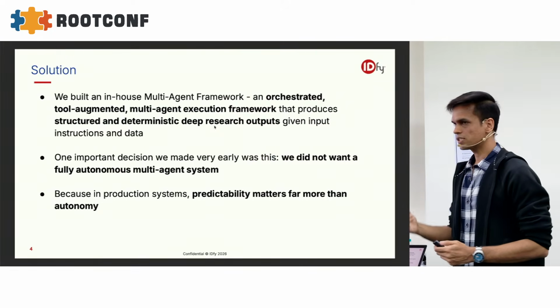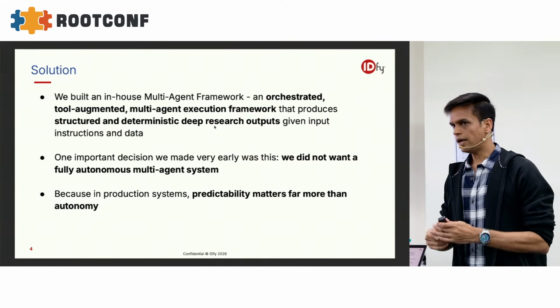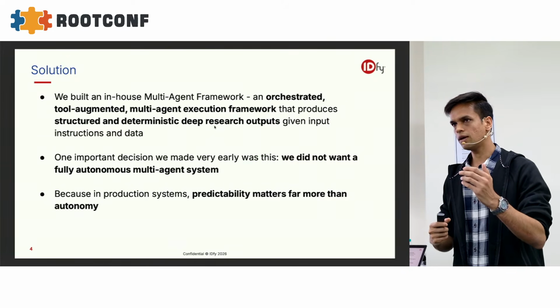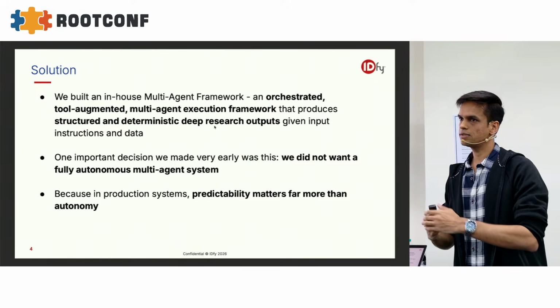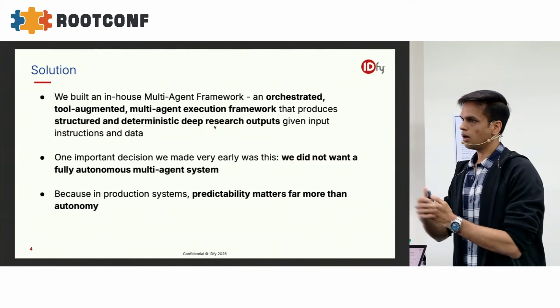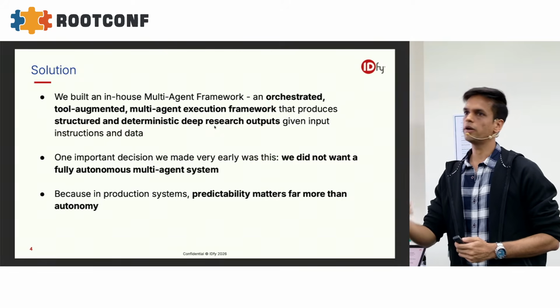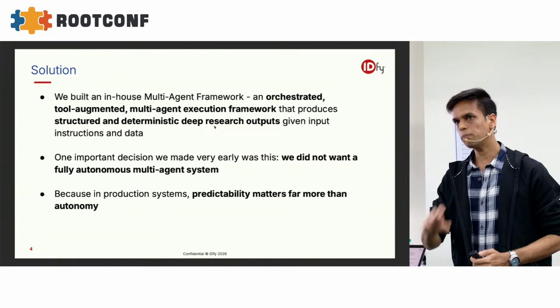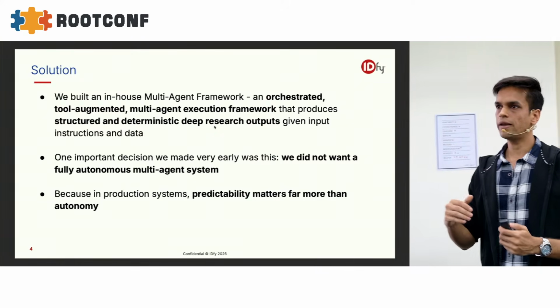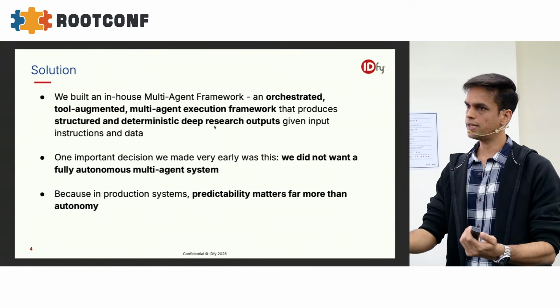The first one is orchestrated. I think a lot of you talked about how, in agentic frameworks, the response or the output would not be either structured or deterministic, right? So for us, it was very important that we control the entire execution of how those agents are executed.